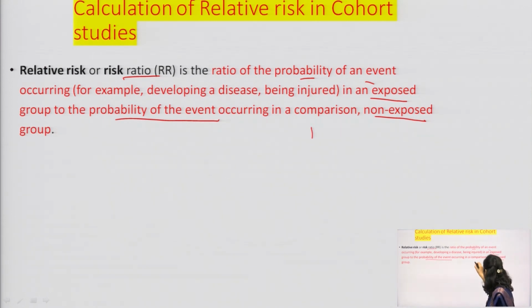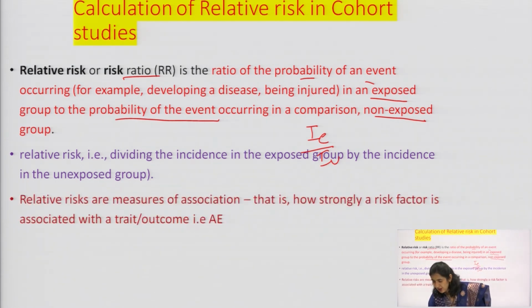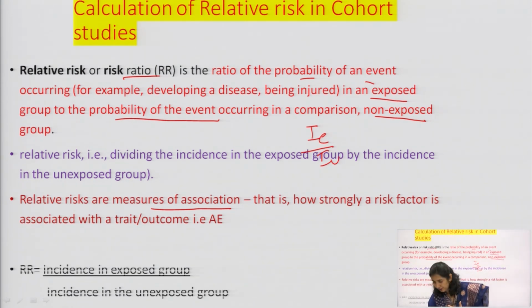Simply, the incidence in the exposed group divided by the incidence in the unexposed group. So relative risk is a measure of association, that is, how strongly a risk factor or exposure is associated with the outcome or adverse event.